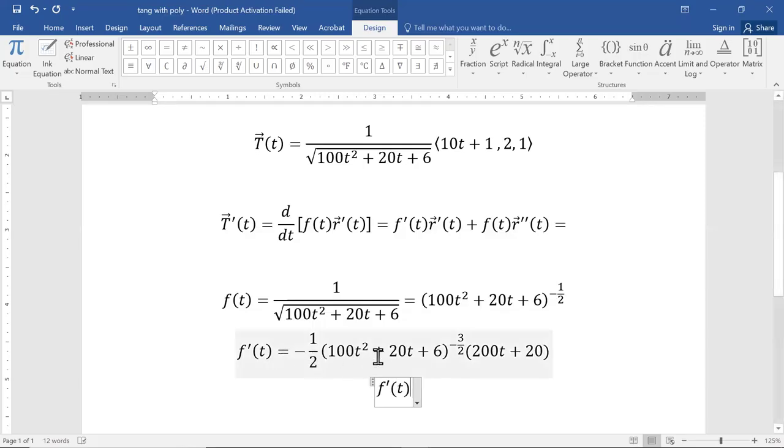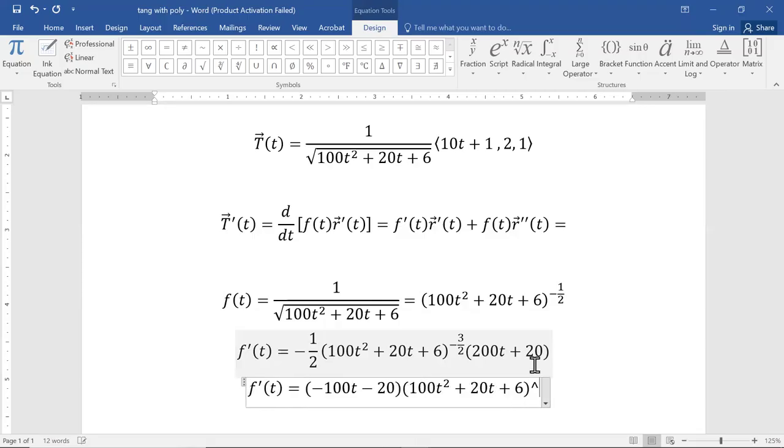Negative 1/2 can be multiplied by 200t plus 20 to give negative 100t minus 20. And then I'd multiply times 100t squared plus 20t plus 6 to the negative 3/2 power.